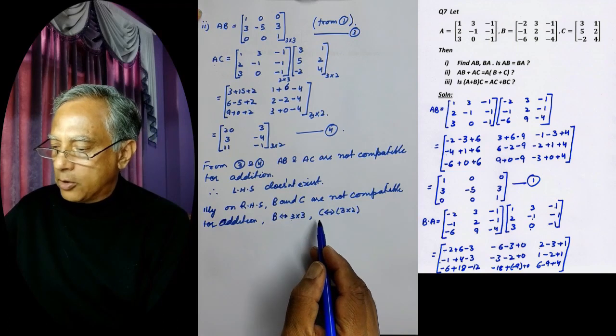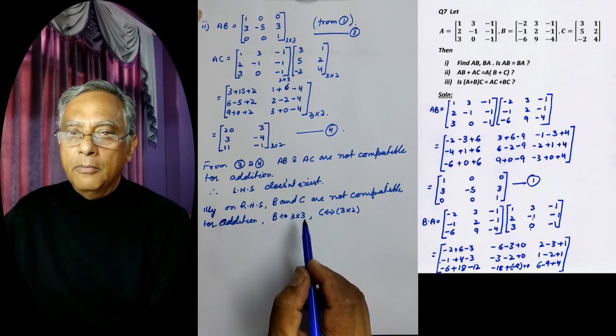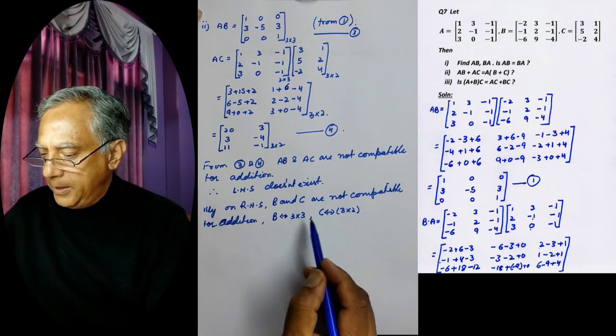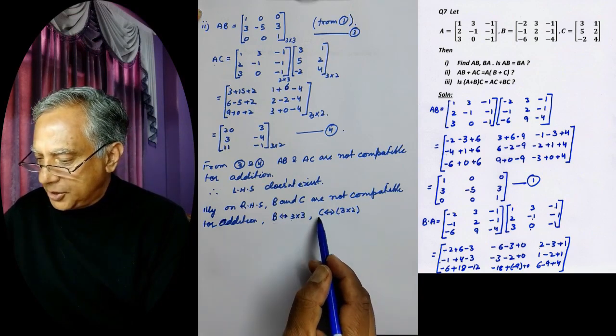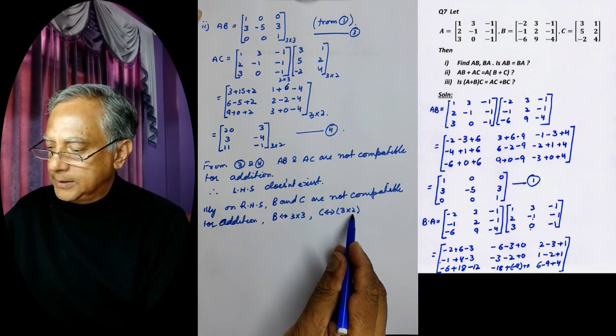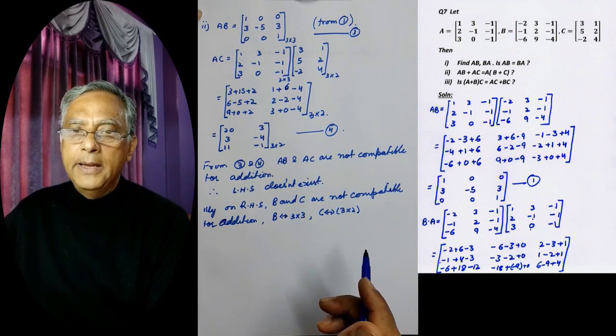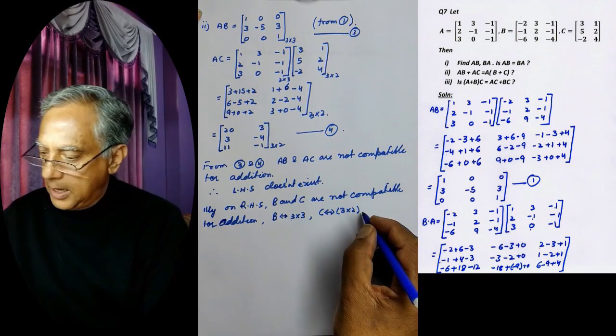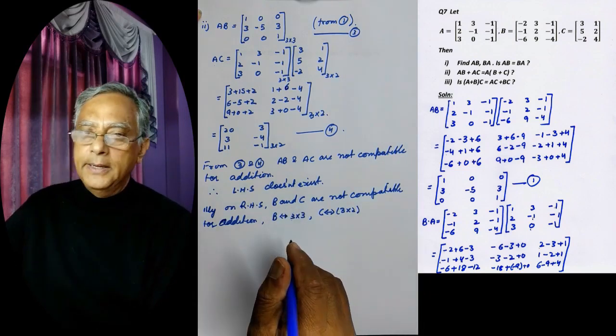Therefore, these two cannot be added because compatibility for addition requires matrices to be of the same order. This is 3 cross 3, this is 3 cross 2. Therefore, they cannot be added. Therefore, RHS also does not exist.